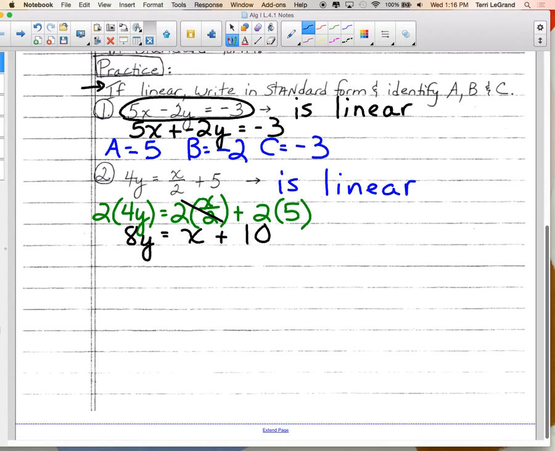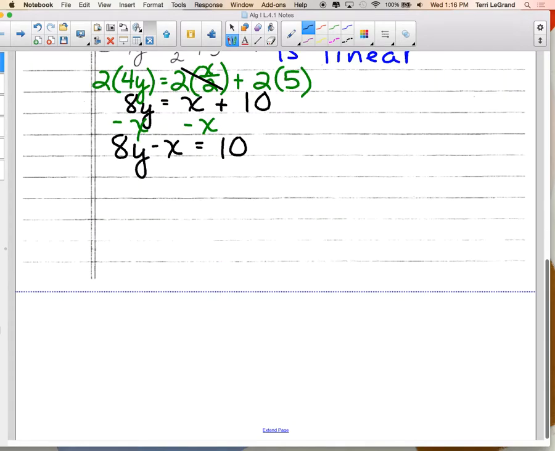Now life is better. Now what are we going to do? We need x's and y's together on the same side. Subtract x from both sides. Can we do that? We need the x's over with the y's. They're not like terms. Could this be rearranged?